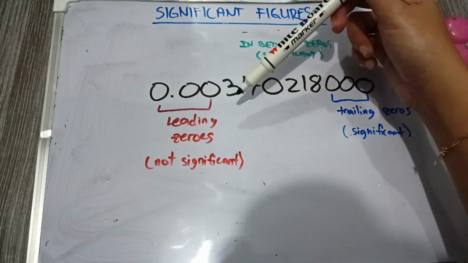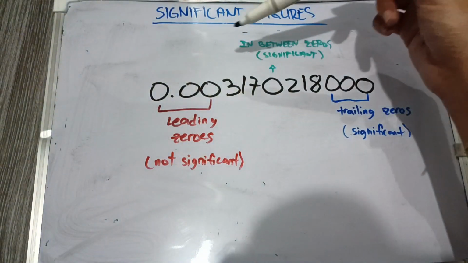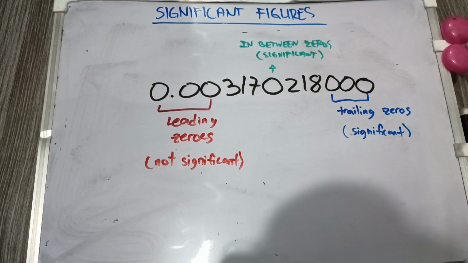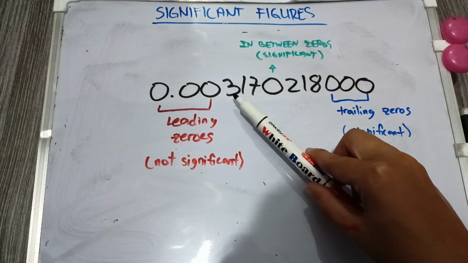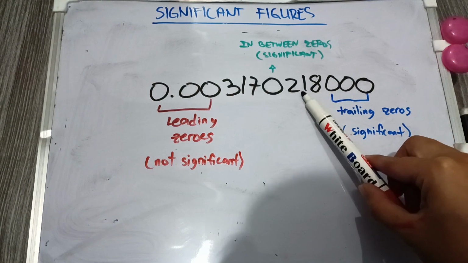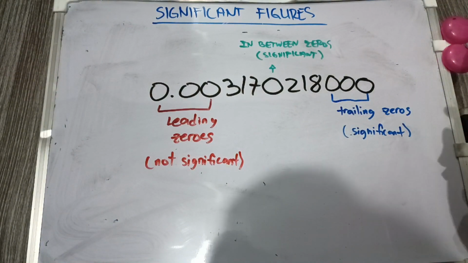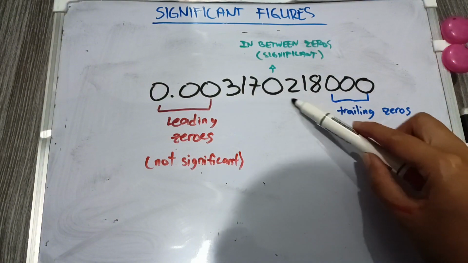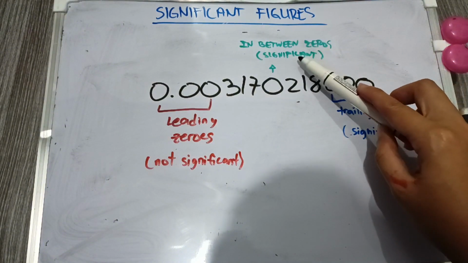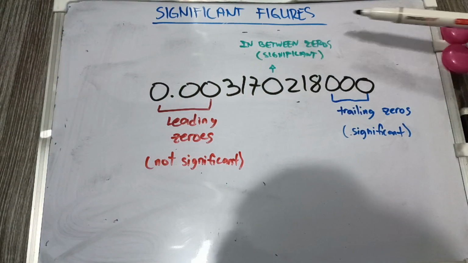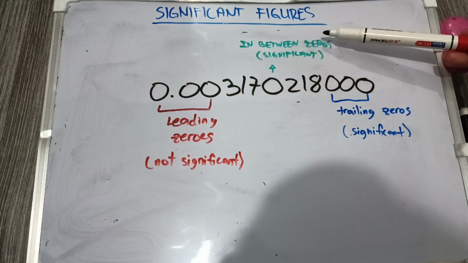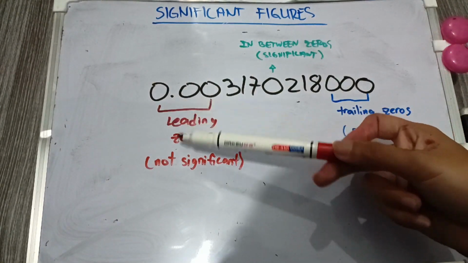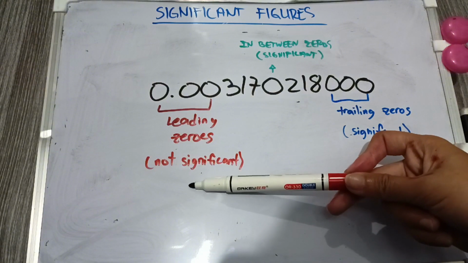Everything that is in the beginning is never significant. These digits are non-zeros, that's why they are significant. The zero between these digits is significant. So always remember that zeros in between are significant. Leading zeros are not significant.